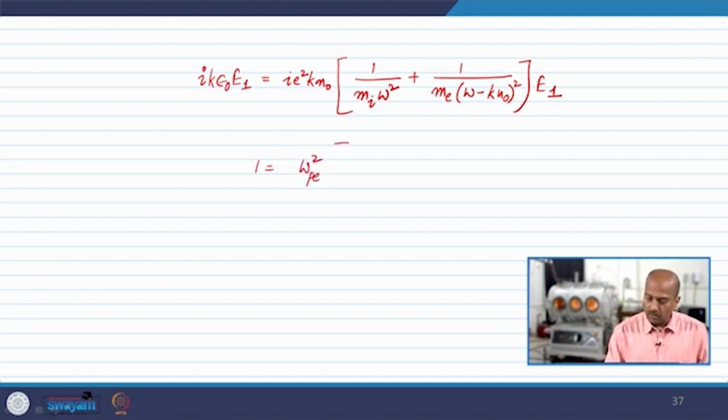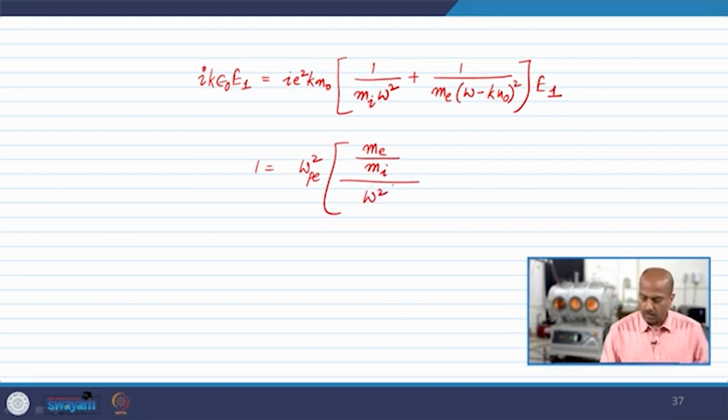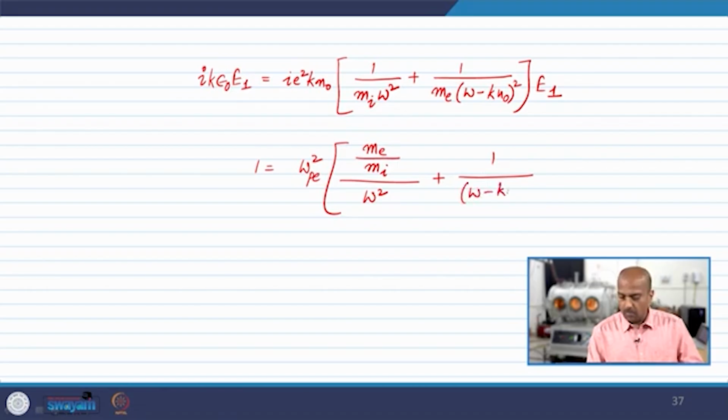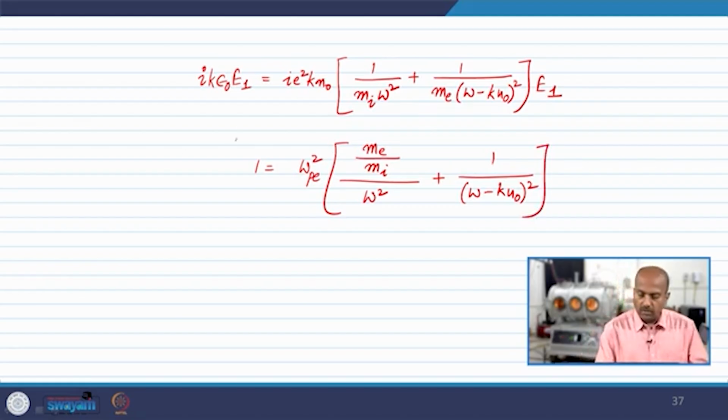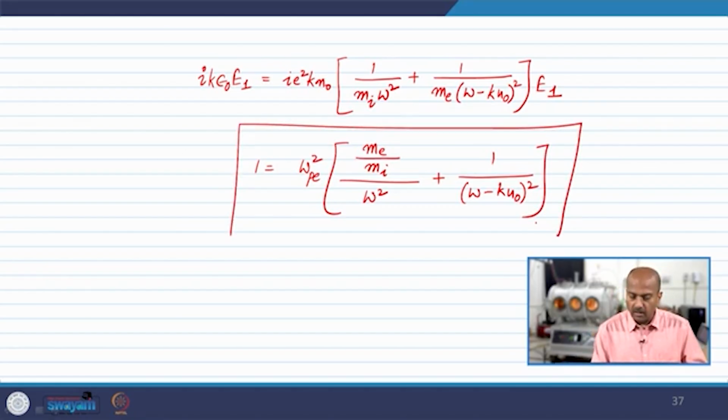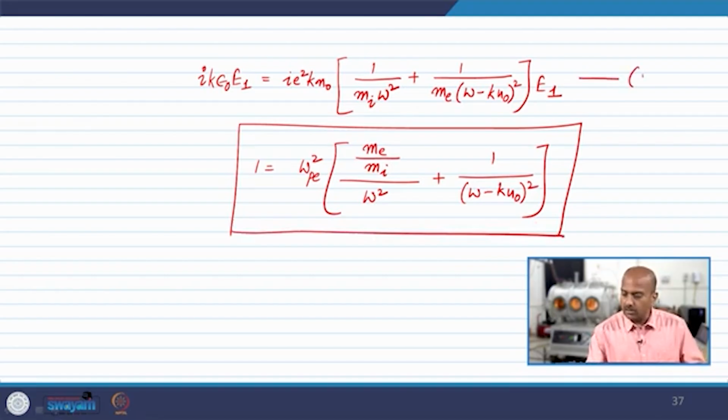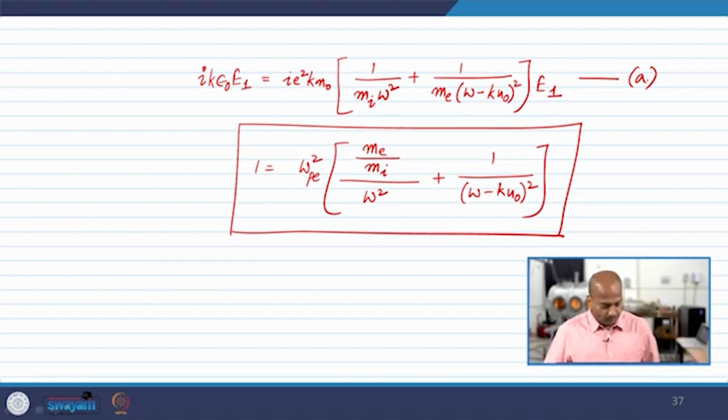Omega p square times the bracketed terms equal to 1. So, this dispersion relation, let us call this A now, must be valid for A to have a non-trivial solution for E1. So, the dispersion relation can be solved for the frequency as a function of the wave number, because it is between omega and k, right.